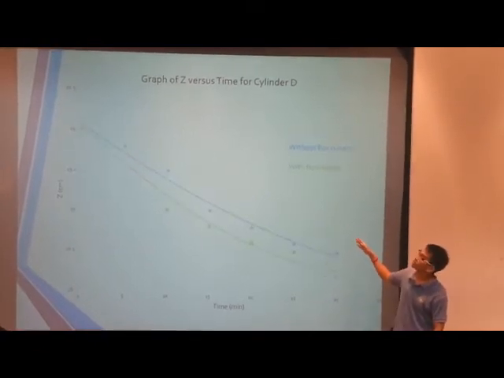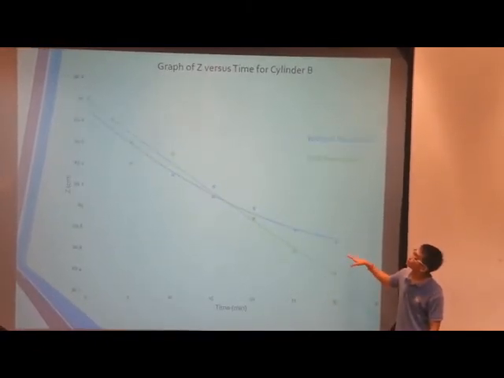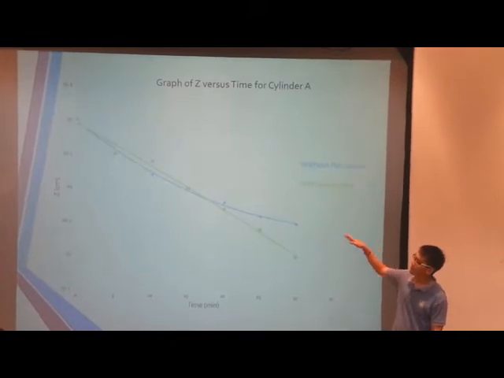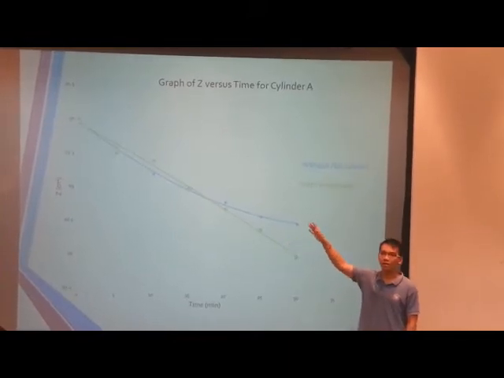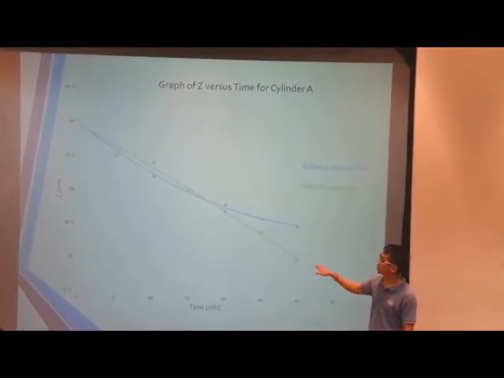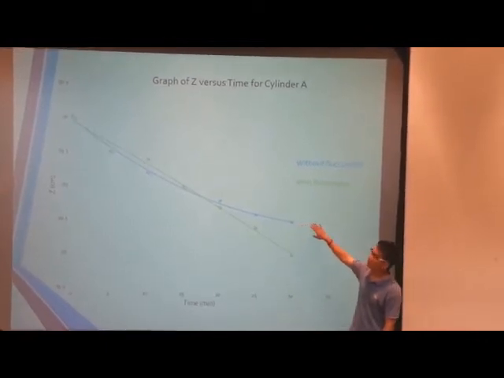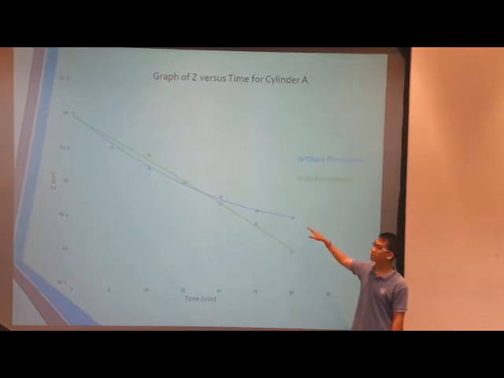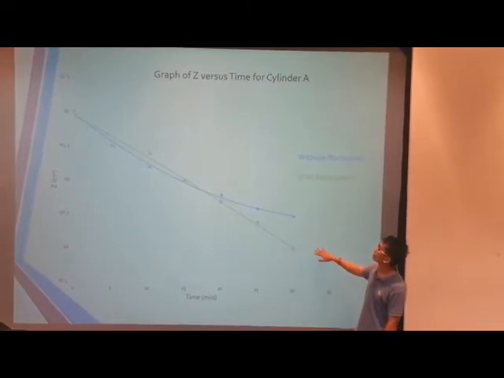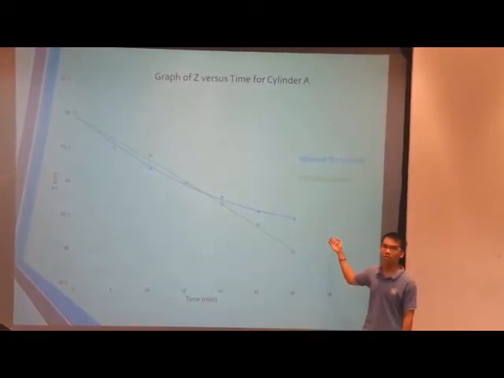As you can observe in these 5 graphs, each of them has a similar pattern, and the settling rate increases against time. The blue line represents the one without flocculants, and the green one represents the one with flocculants.